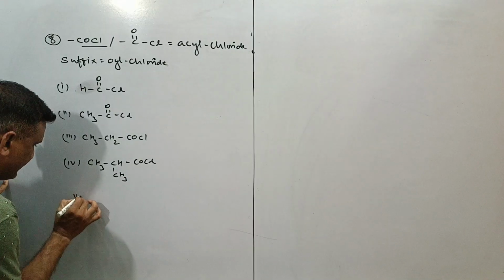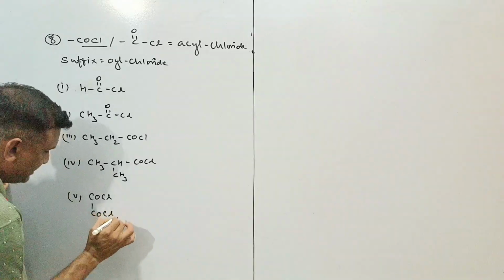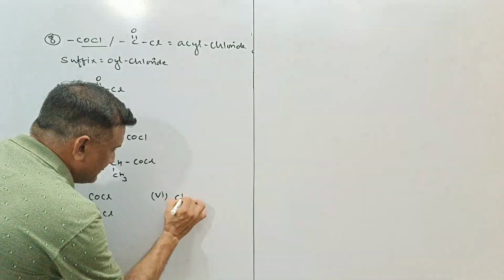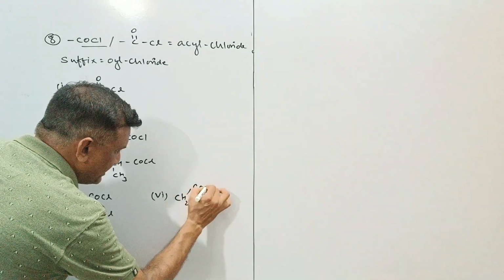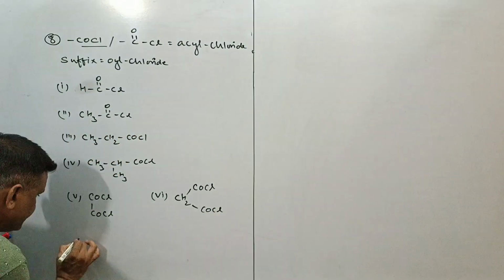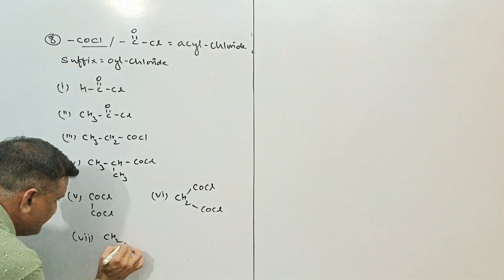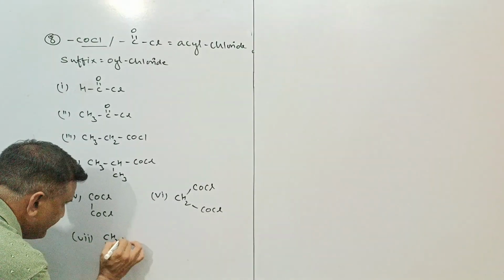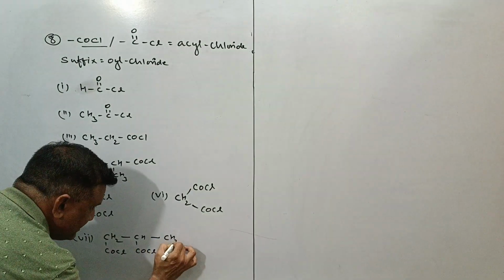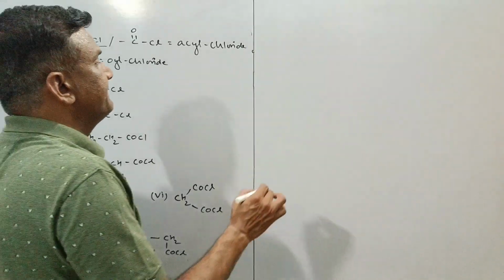Fifth, more than one COCl. Sixth, more than one, with a side chain also, COCl and this is the COCl. Seventh, you can take CH2, this is the COCl, CH, this is the COCl. This is the CH2COCl with the 2-3 functional group.